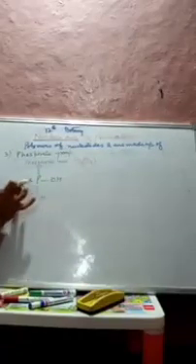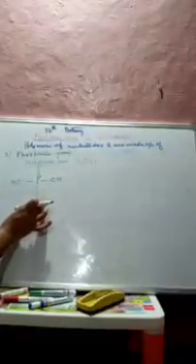Now let us see where it attaches. One of the three hydroxyl groups will make a bond with the fifth carbon of the pentose sugar.